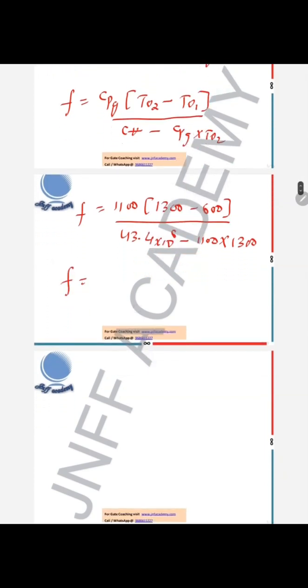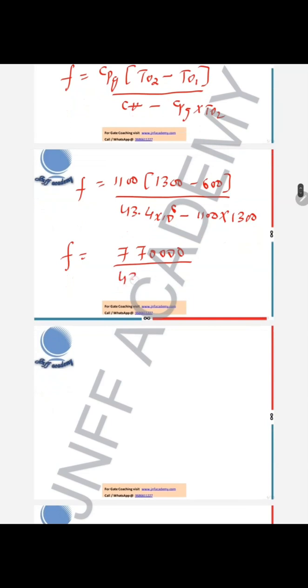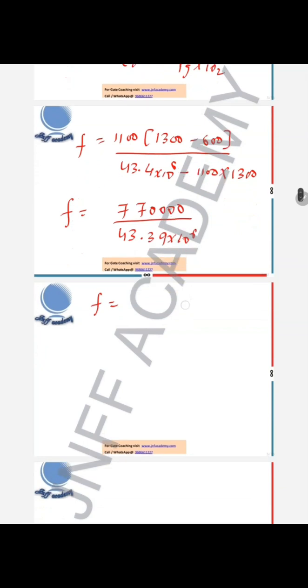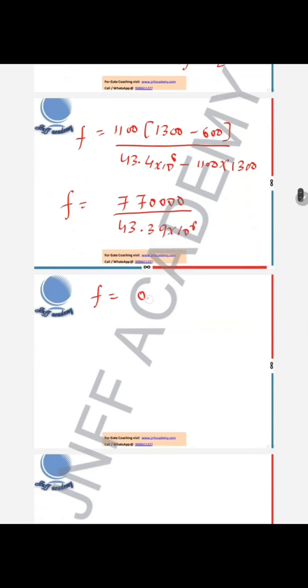If you do the calculation, the upper part you will get as 7740, and the denominator you will get as 43.39 into 10 power 6. If you divide further, you will get the answer as 0.0177. This is the fuel to air ratio.